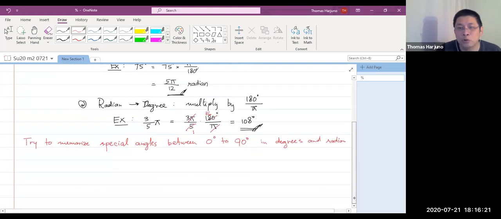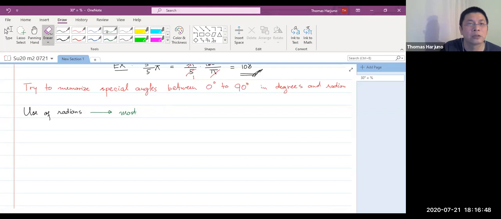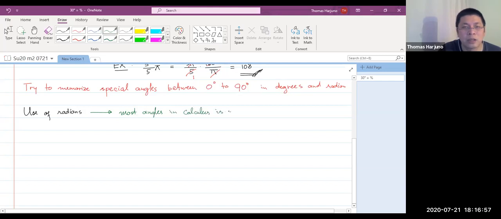Okay, now, what is the use of radian? By the way, when you go to calculus, most angles in calculus are given in radian, or the work is done in radian.